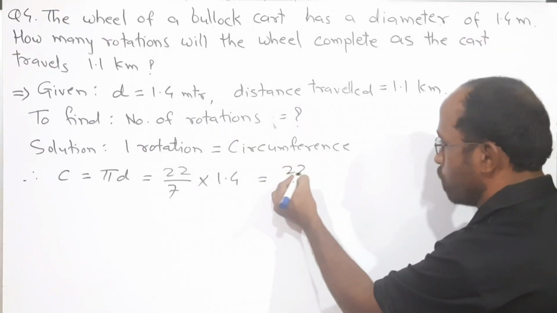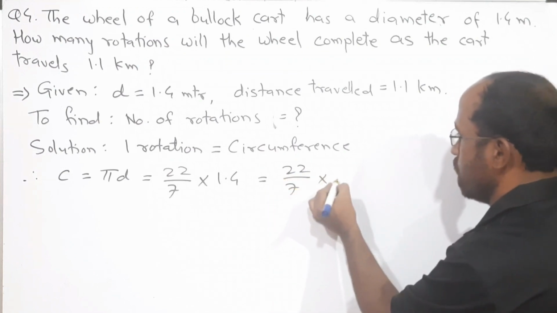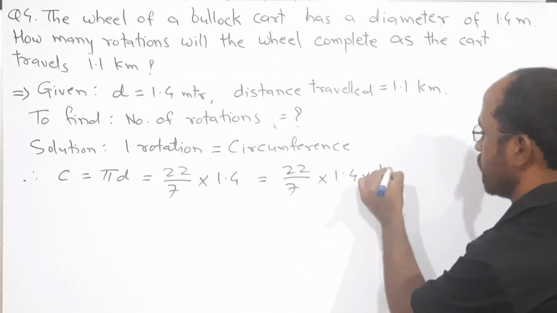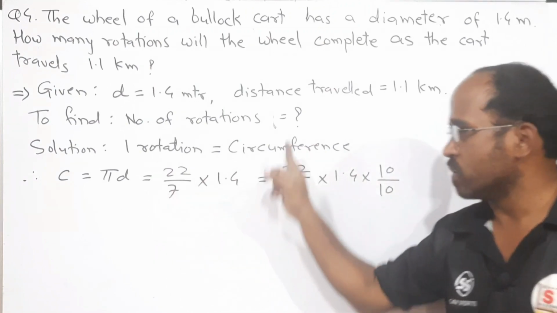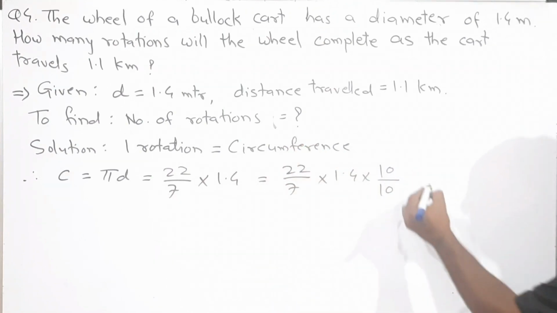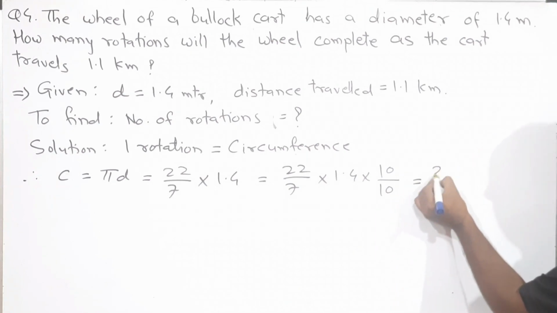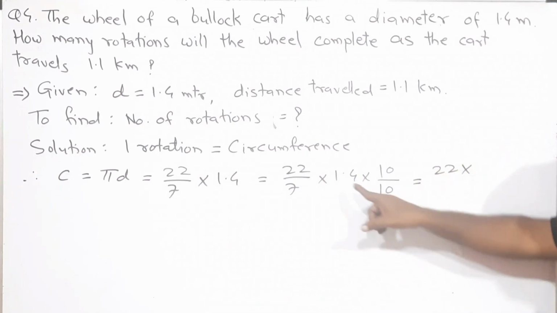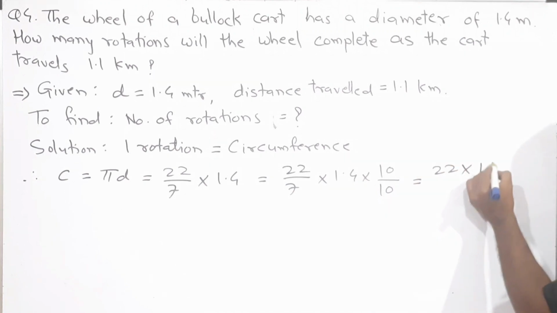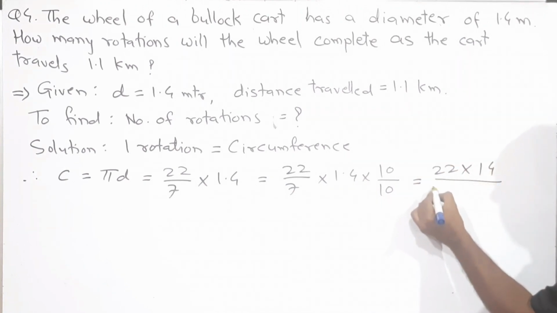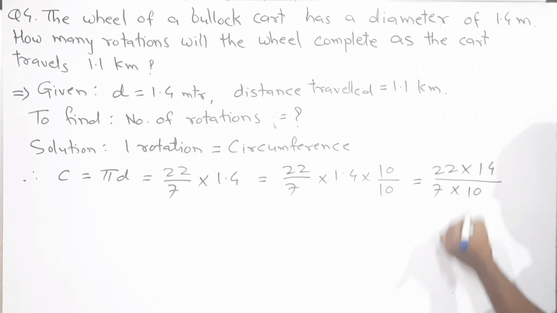So that is 22 multiplied by 14 upon 7 multiplied by 10.